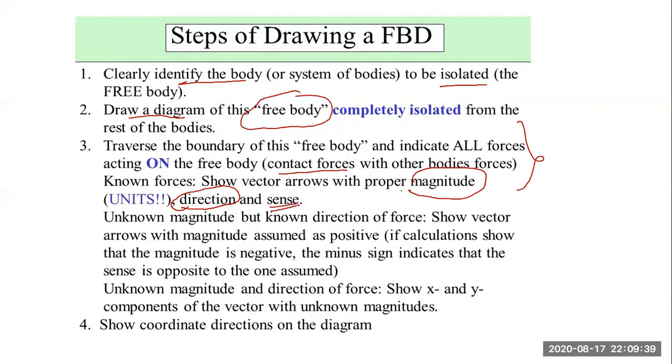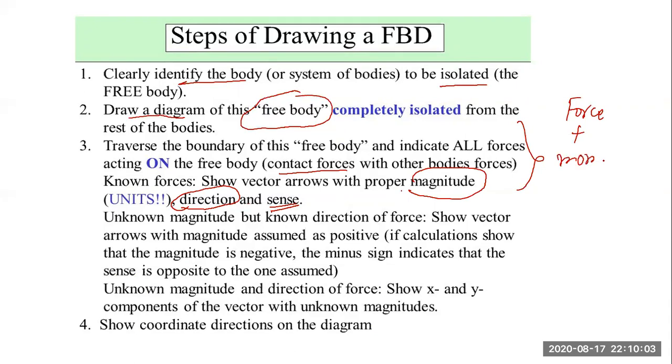Why sense? Because in our last lecture, in the force system, we studied that force is not the ultimate thing in a force system, because force may be associated with or affected by its moment. So sometimes force is acting with its moment.